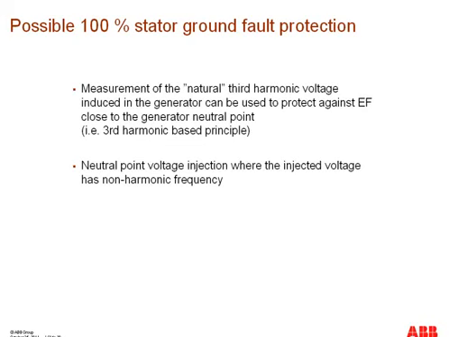In case of an earth fault or a ground fault close to the neutral, this third harmonic voltage will be reduced and can therefore be an indication that there is a ground fault in the stator winding. In the other method, we inject a non-harmonic frequency voltage and then measure the corresponding current, and that can also be used as a method for this 100% stator ground fault protection.